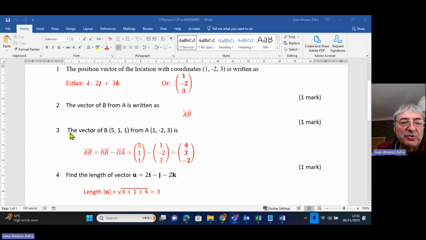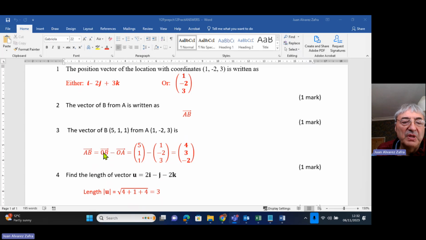Question 3, the vector of B is 5, 1, 1, or the position with coordinates 5, 1, 1, and the vector of A is 1, -2, 3. And so if you want to get the vector of B from A, that's the vector from A to B, then we need to know this general form that the vector AB is the vector OB minus vector OA.